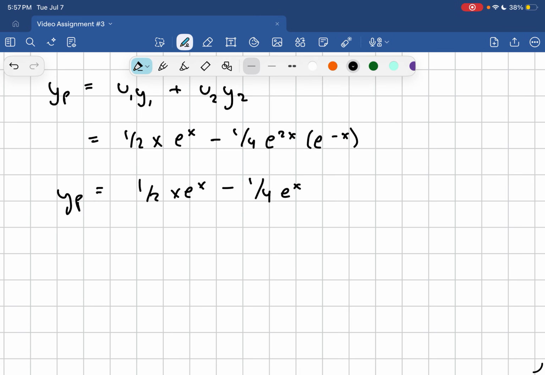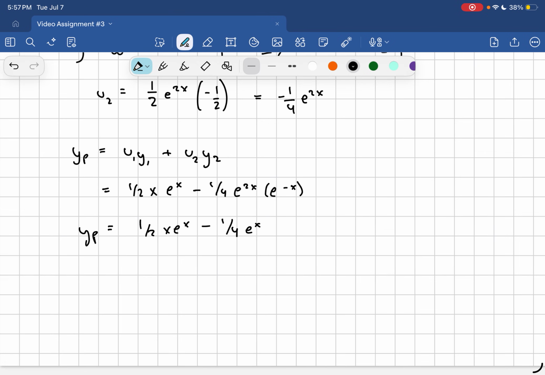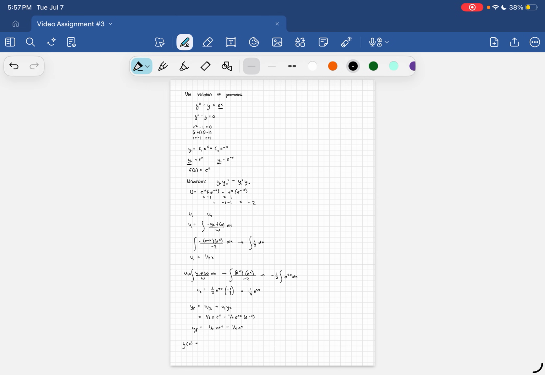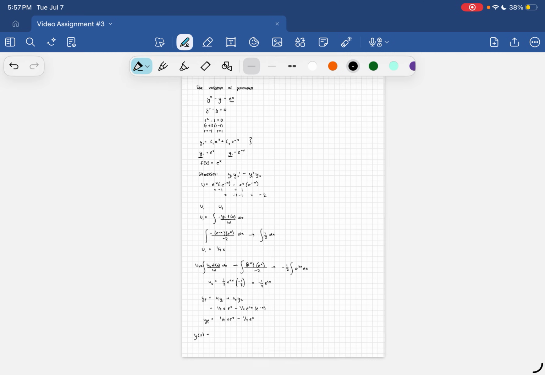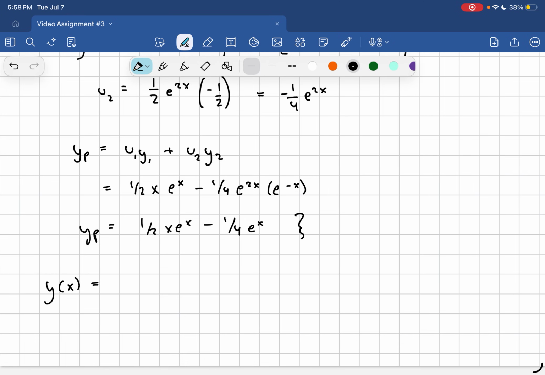So for our full general solution, we can rewrite it as the homogeneous solution, c1 e to the x plus c2 e to the -x, plus what we just solved for: 1/2 x e to the x minus 1/4 e to the x.